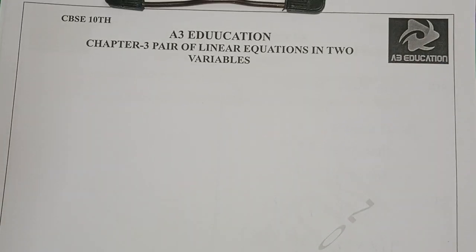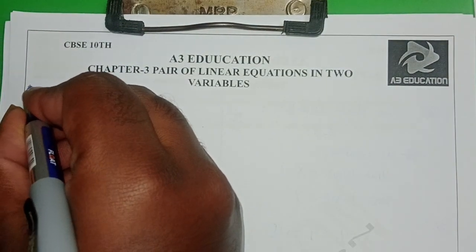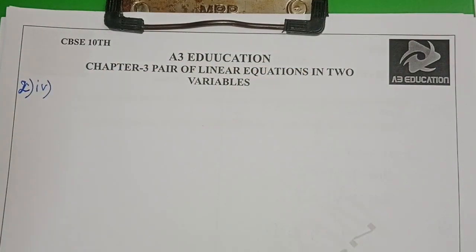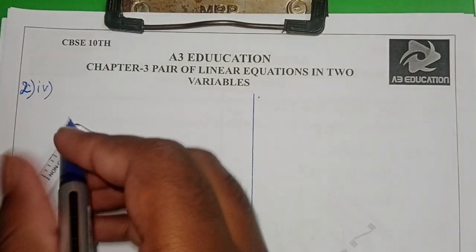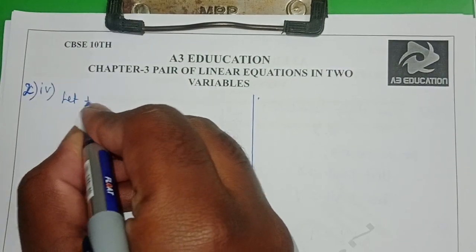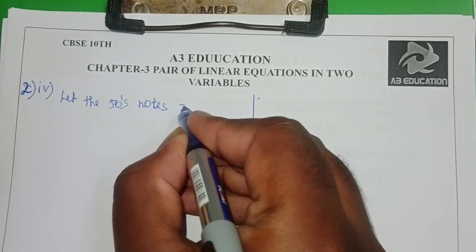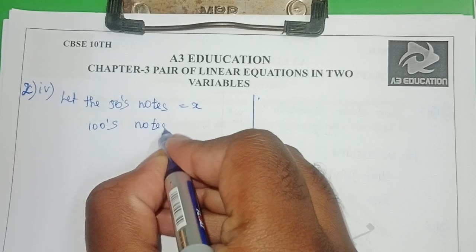We will be solving the fourth subdivision first. Let the 50s notes be x and the 100s notes be y.